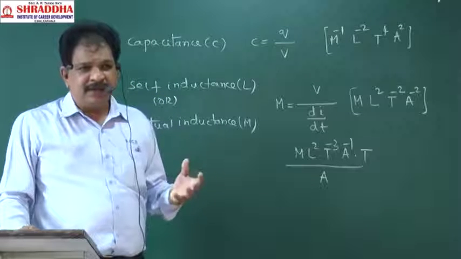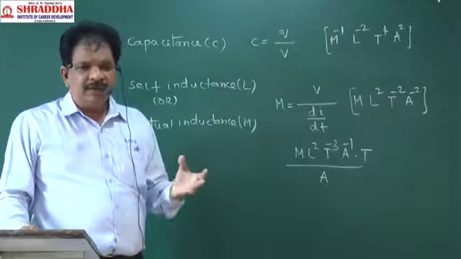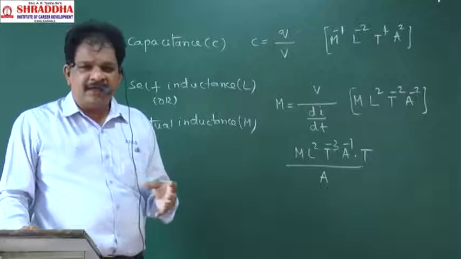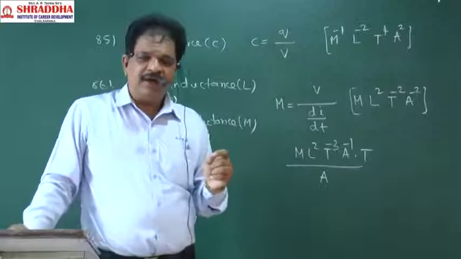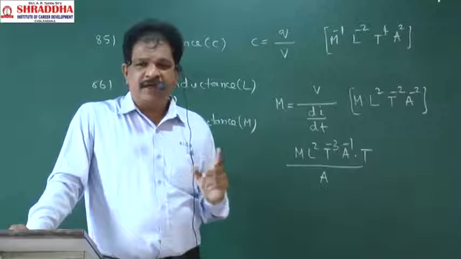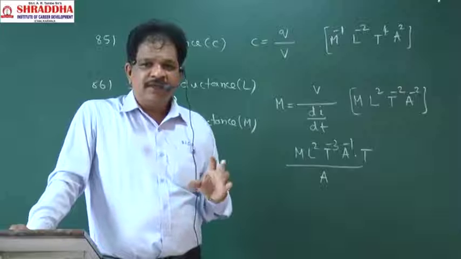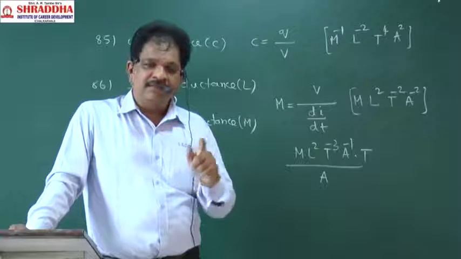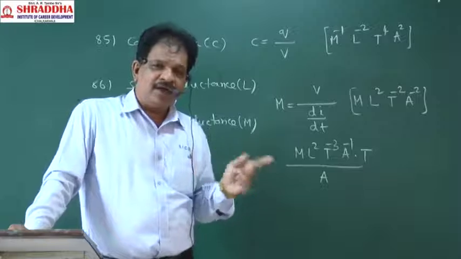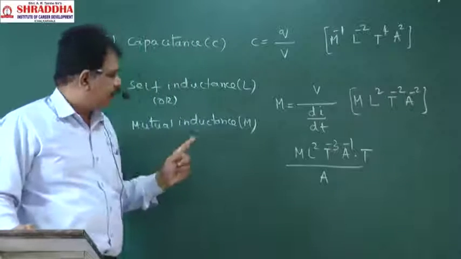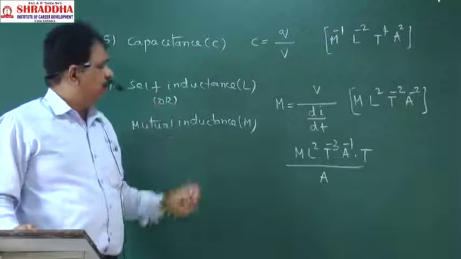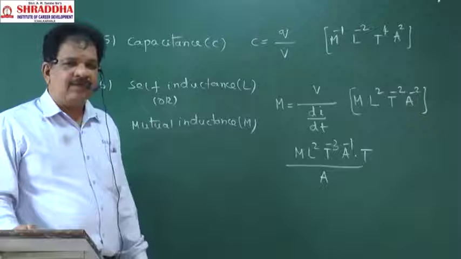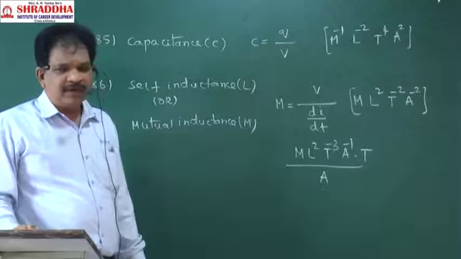Self-inductance means in a circuit some current is flowing, in a coil some current is flowing. Suddenly that current increases or decreases. Then that coil will oppose that change in the current. That phenomenon is called self-induction.